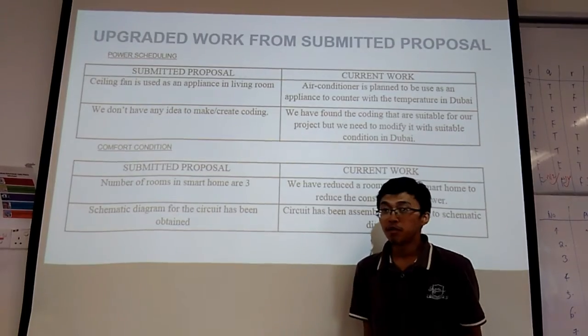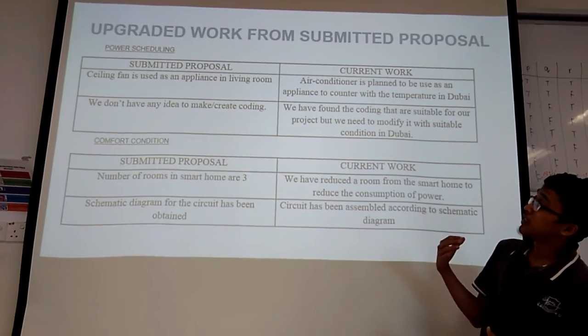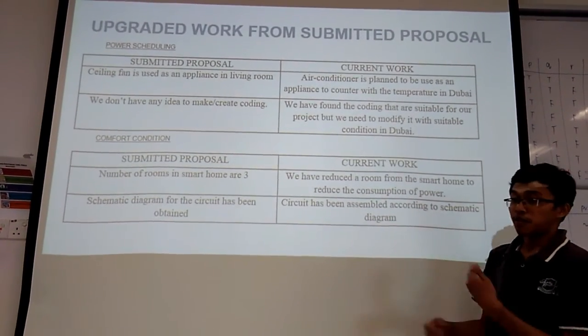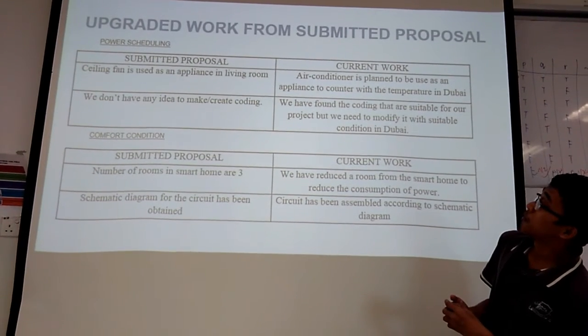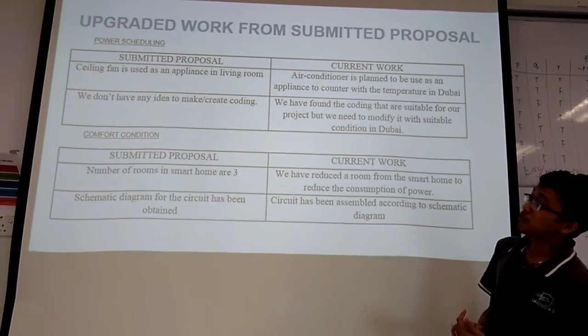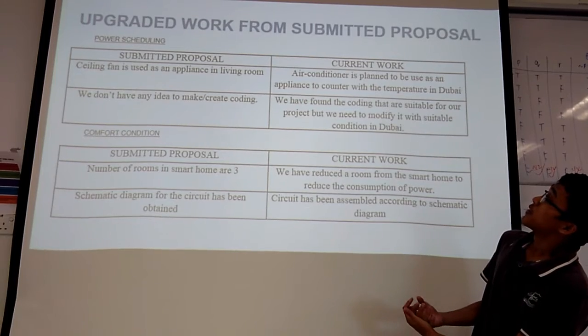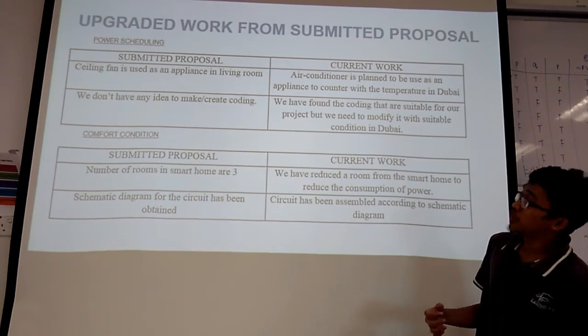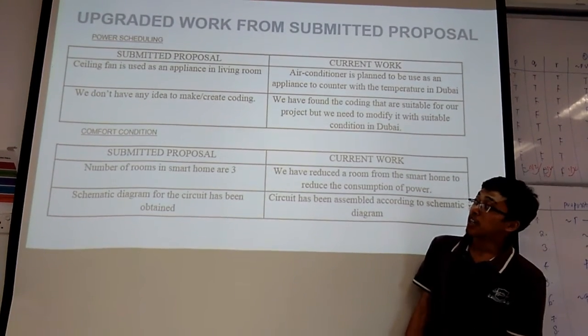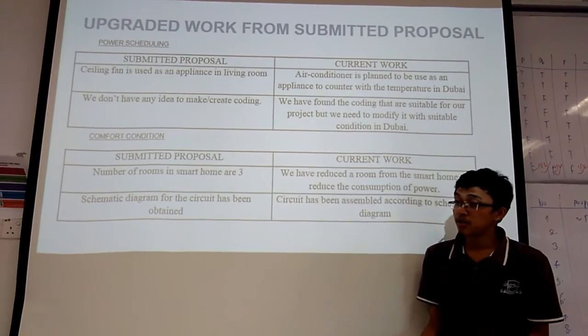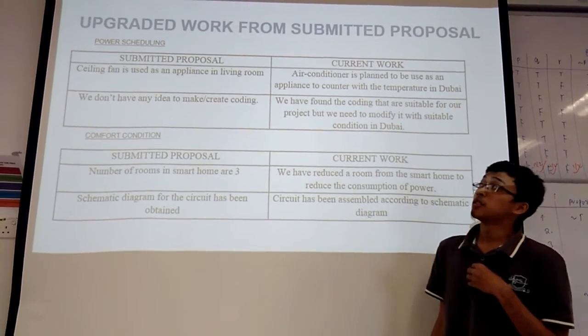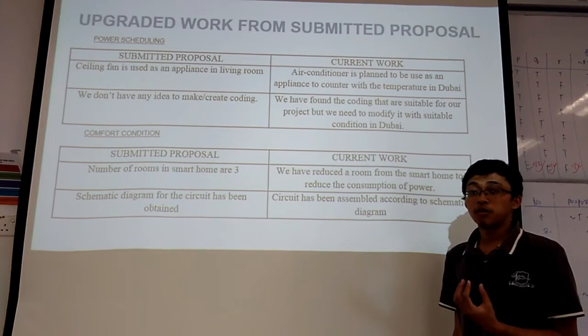That was previously, but after discussing, we decided that instead of a ceiling fan, we use an air conditioner, which is planned to be used as an appliance to counter the temperature. Next, in the proposal, we didn't have any ideas on how to create the coding for power scheduling.